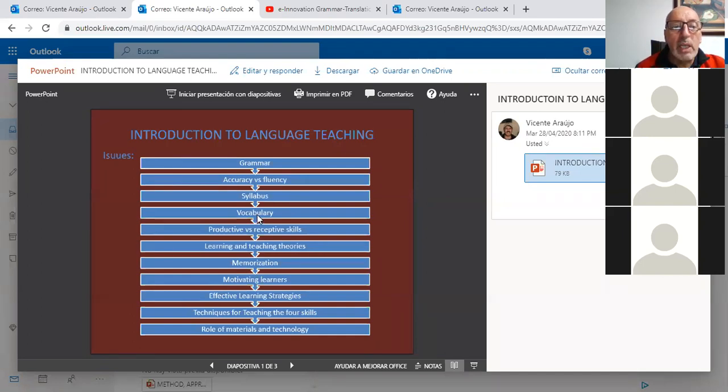And also another issue which has been discussed is vocabulary. What is the role of vocabulary in language teaching? Is it important to learn by heart 500 words or 200 expressions?